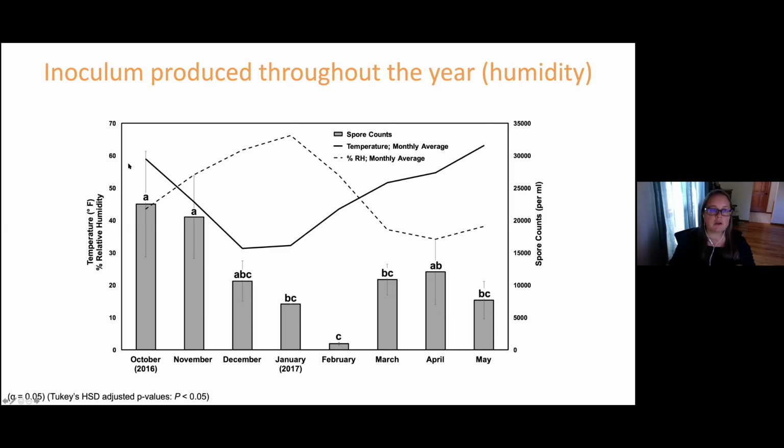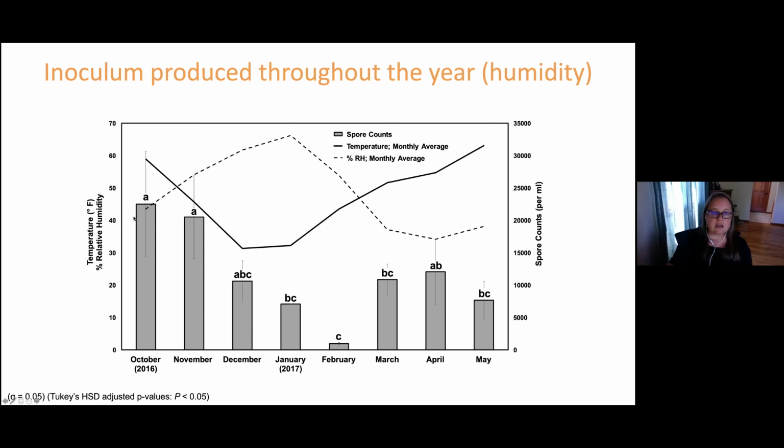Temperature is the black bar, and relative humidity is the checkered bar. On the other axis, we have spore counts. What we've been able to connect is that spores are being released whenever the relative humidity is fairly high. Remember, this is Grand Junction, so it's going to be pretty dry. We're going from relative humidity of about 35 to 60.